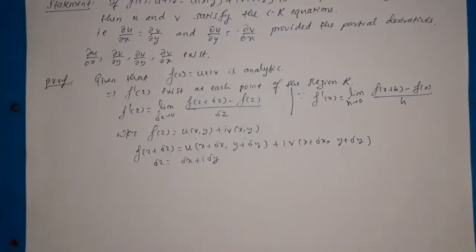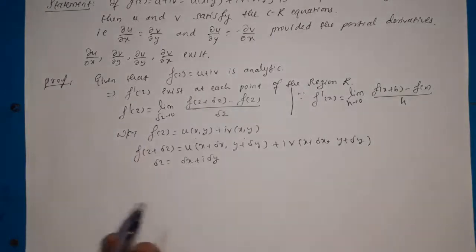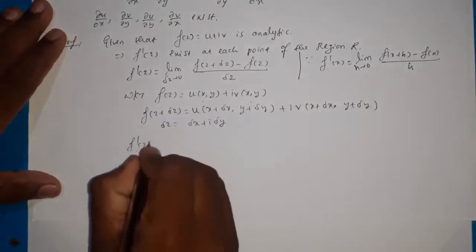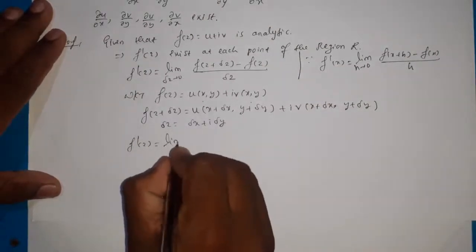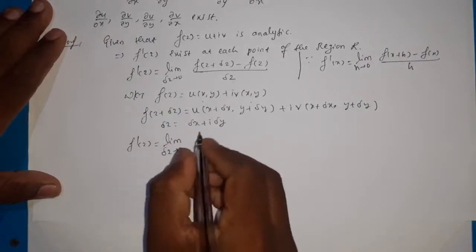Now, substituting all these things in the definition, f dash of z is equal to limit as delta z tends to 0.